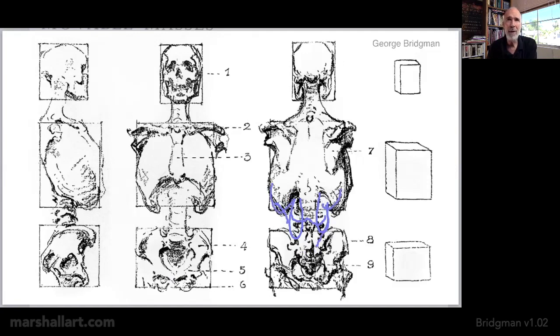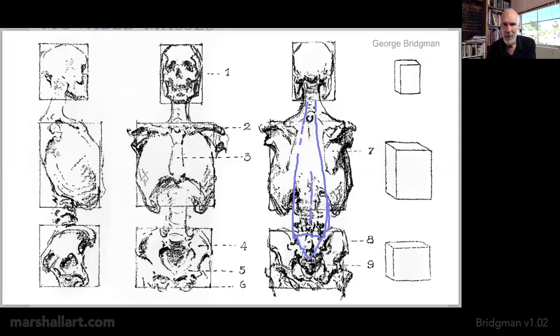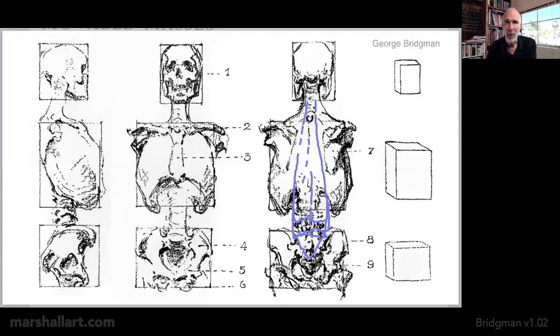And that group, anyone know what that group is called that goes from the sacrum primarily into the spine? On a human, erector spinae, because it holds the spine erect. On an animal, and on a human too, we call it the sacrospinalis. These are thick, by the way. What does it do? It holds the spine erect.